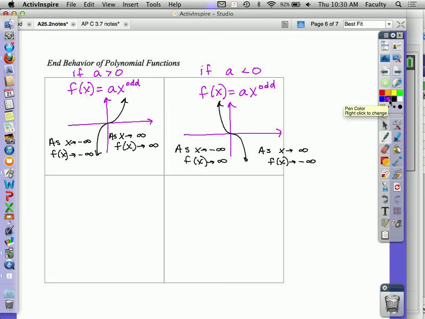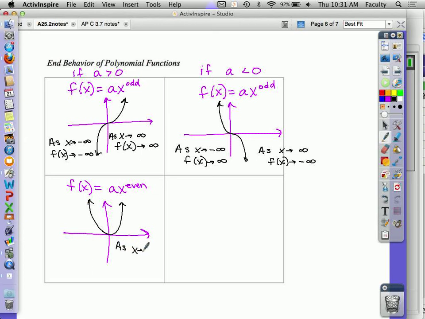All right, now we are going to look at this as columns, that a is positive down this column. So if I have f of x equals ax to an even power, in general, it's going to look like a parabola. And then the end behavior is as x approaches positive infinity, the y value goes to positive infinity, or we're going to write f of x. As x approaches negative infinity, the y value, or f of x, is shooting up.